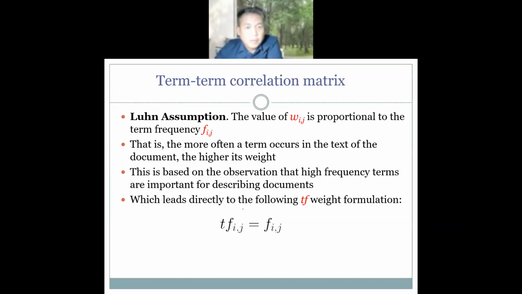So for the term frequency here, we are looking at keyword I in document J. So this is similar to what you have seen before. So we use TF, term frequency.